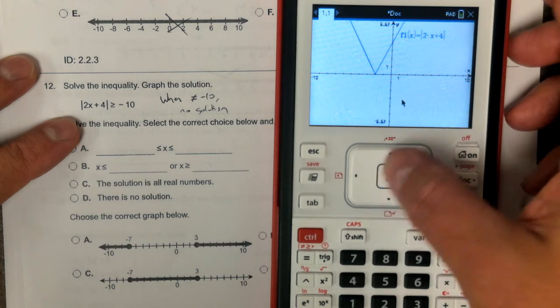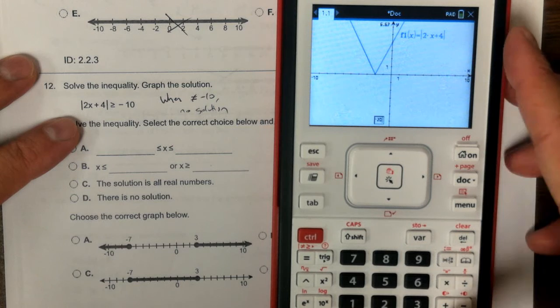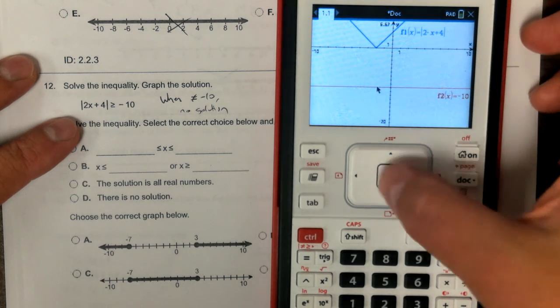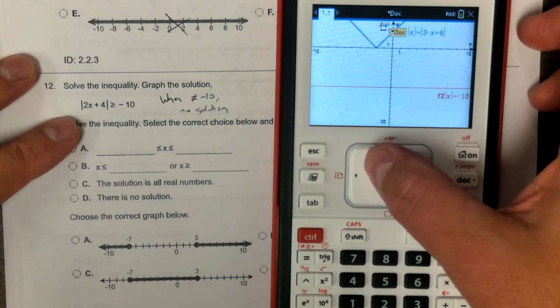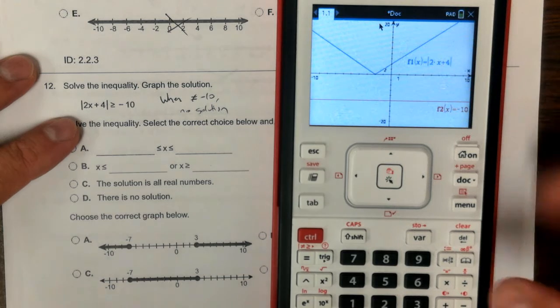So again, negative 10 is low, and so you can't really see that. Putting negative 20. And if I raise this up a little bit, you see that?